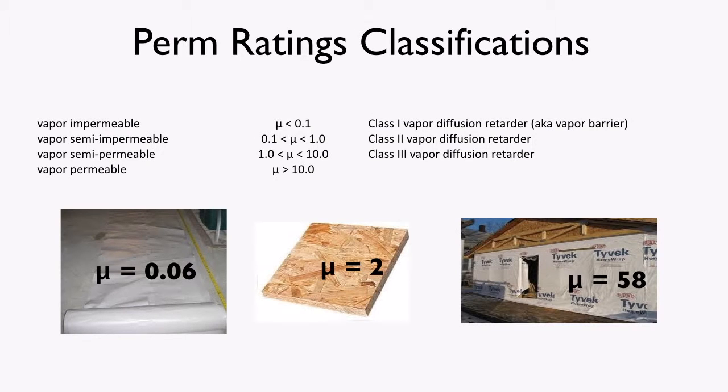So perm ratings I'm going to mention just briefly because, being located in a hot, humid climate, we're sensitive to the potential danger of creating a condensation plane in our assemblies. And there are insulative materials which have very low permeances, perm ratings.